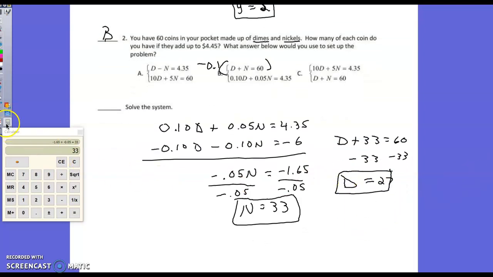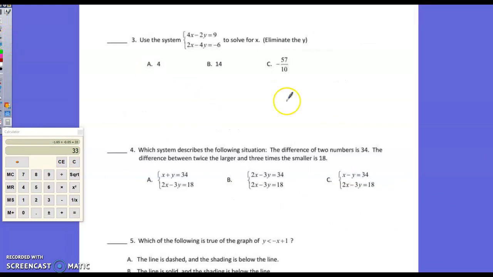Alright, next page. Use the system to solve for x, so we need to eliminate y. We need to make this a positive 4, so I'm going to multiply everything in here by negative 2. So this will become negative 8x plus 4y equals negative 18. I'm going to write this one underneath. 2x minus 4y equals negative 6.